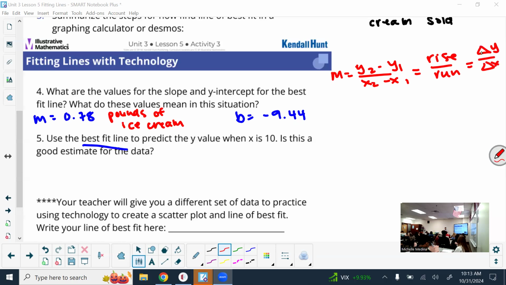Notice on the top is always something about the y. On the bottom is always something about the x. So if your slope isn't in fraction form, make it a fraction.